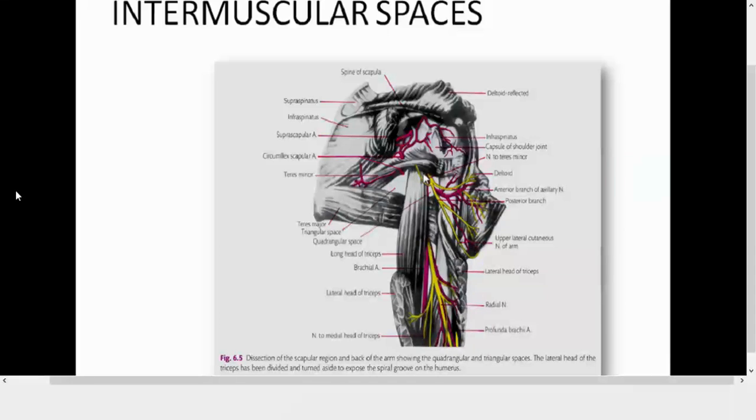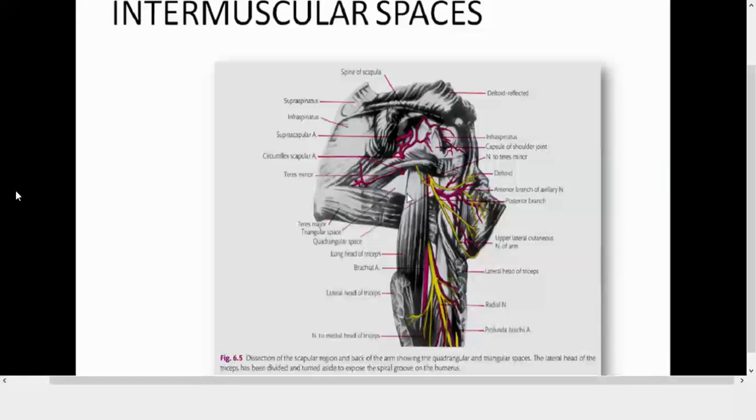And see this space, another space. This is somewhat quadrangular. So this is called the quadrangular space. So we can see three intermuscular spaces which are formed: the upper triangular space, the lower triangular space, and the quadrangular space.